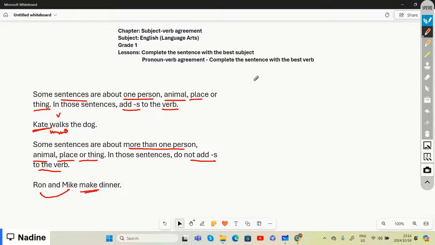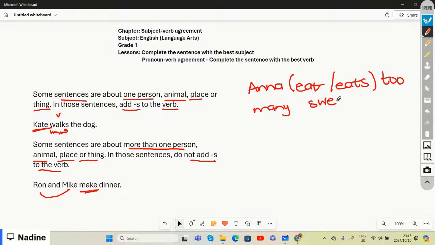For example, we say Anna. Do we say Anna eat, or do we say Anna eats too many sweets? So we need to choose the correct option between the brackets.